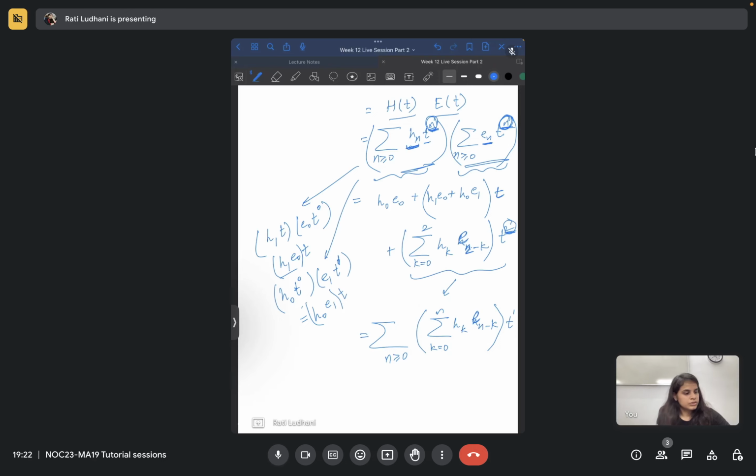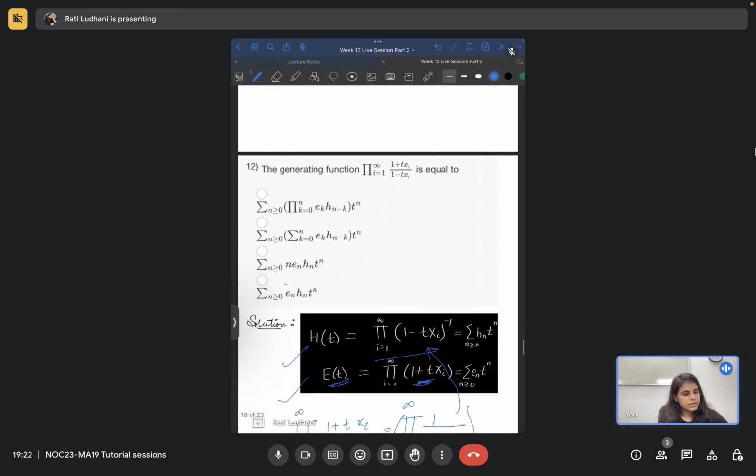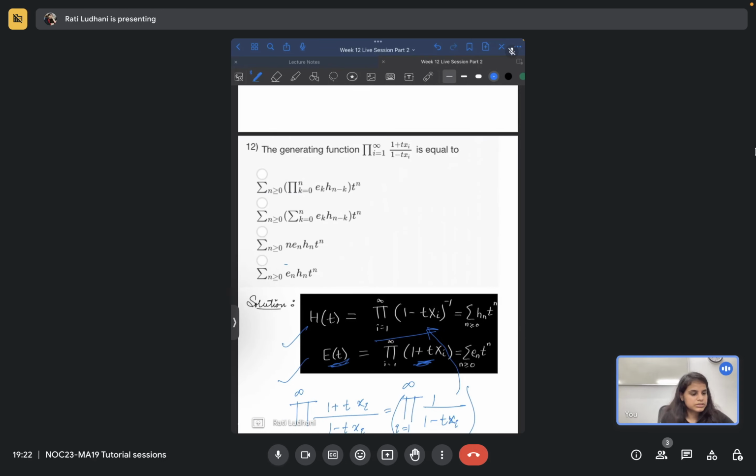Both are the same, so this one is correct. Is that clear?